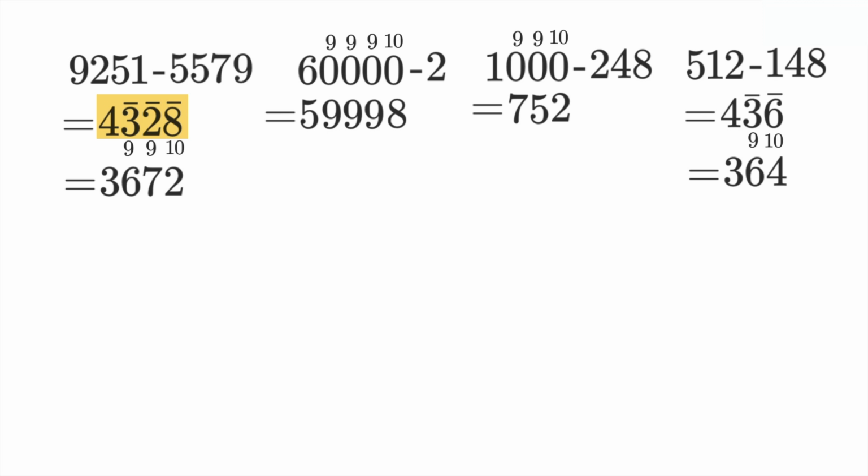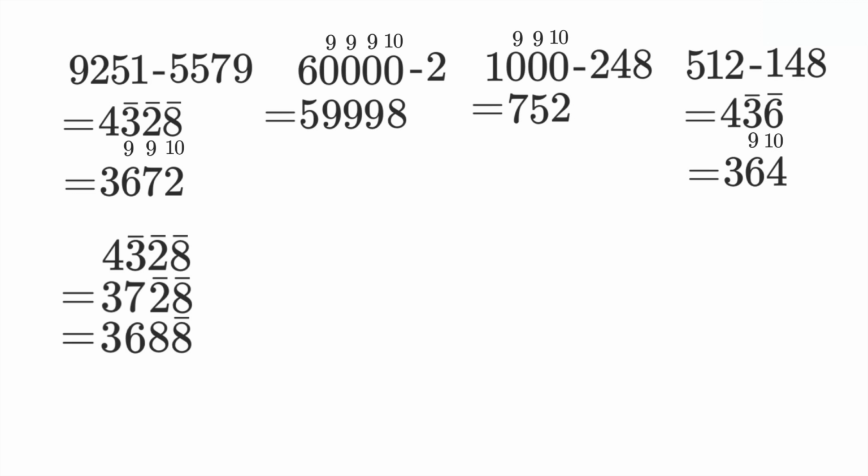You can do it without the just. 40 minus 3, 70 minus 2, 80 minus 8. But it takes time.